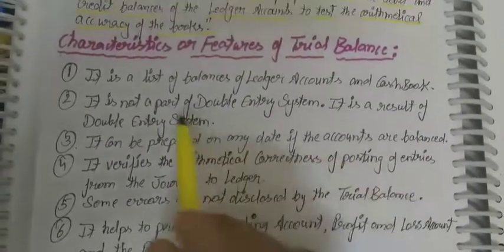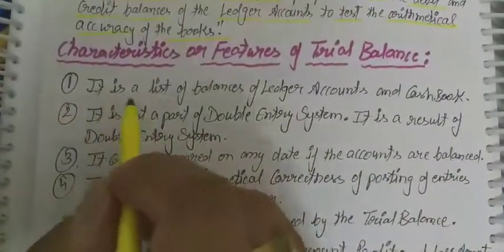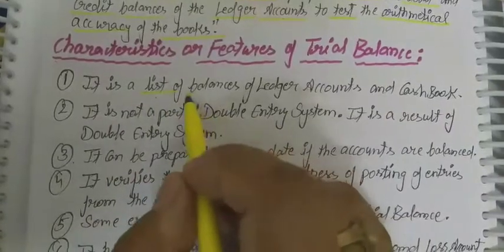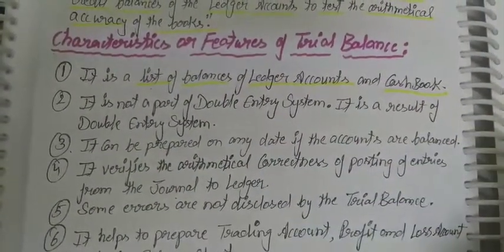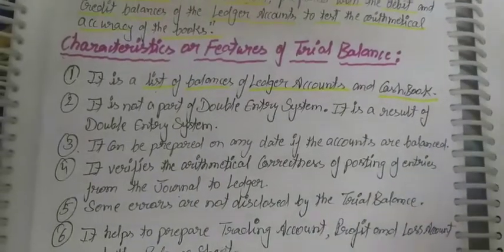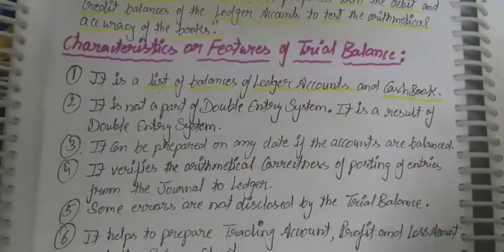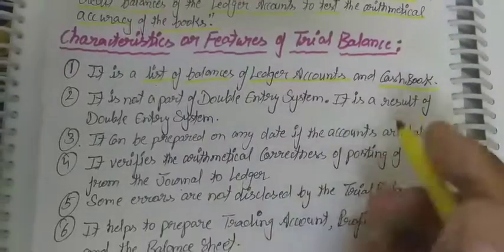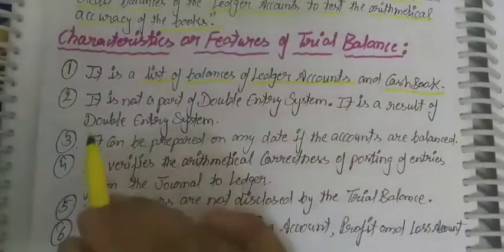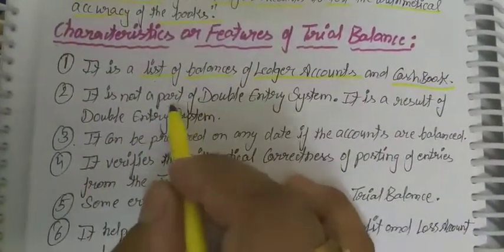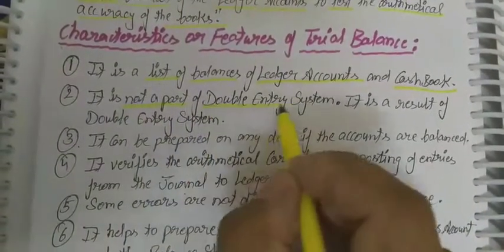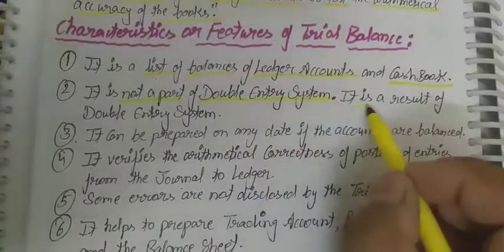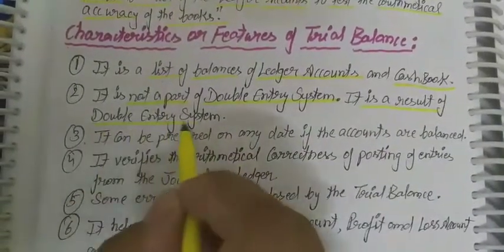So students, these six points are: it is a list of balances of ledgers and cash book. Whatever the balances in the ledger, debit or credit, are recorded in the trial balance. Next, it is not a part of the double entry system, it is a result of the double entry system.